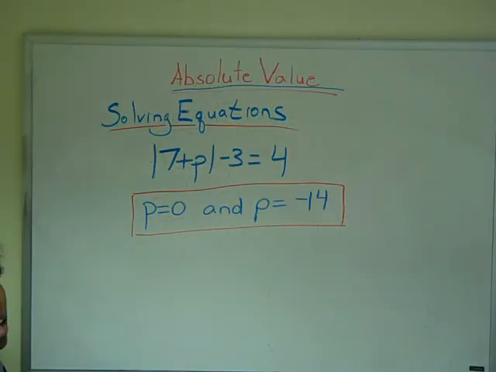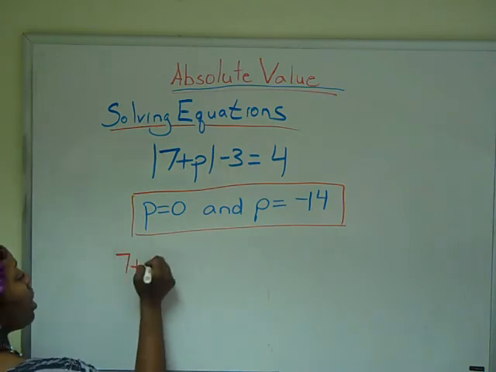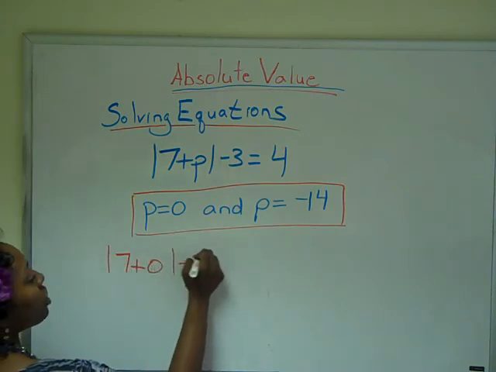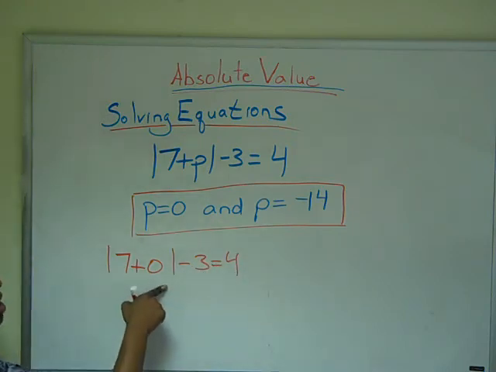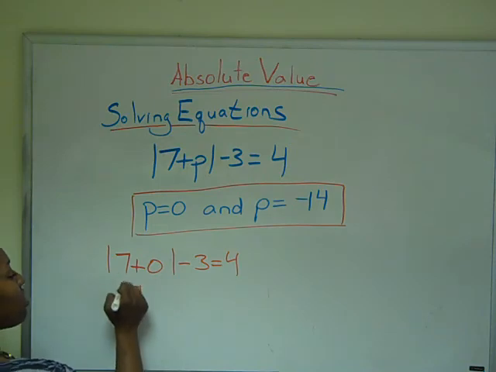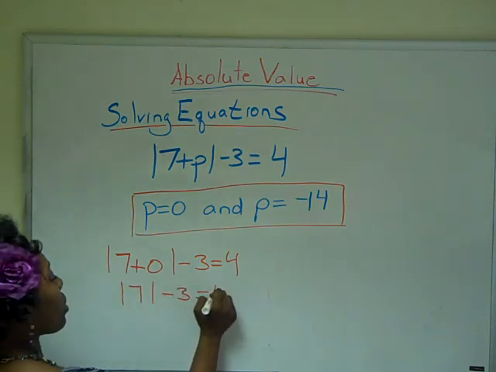Now we'll check to see that our solutions are correct by substituting our values for p back into our original equation. First, we'll check to see if p equal to 0 is correct. When substituting 0 for p in our equation, we get the absolute value of 7 plus 0, minus 3 equals 4. 7 plus 0 is 7, so we have the absolute value of 7 minus 3 equals 4.